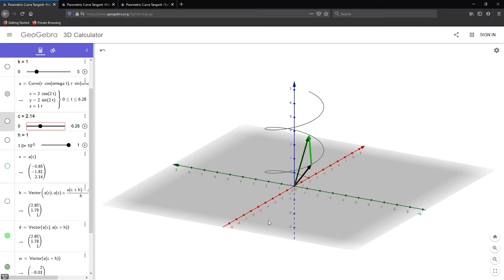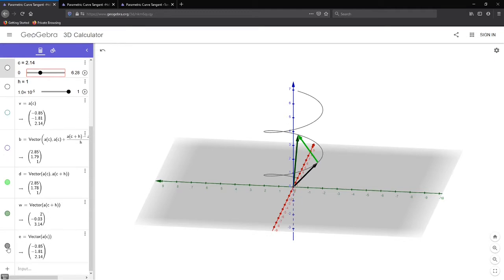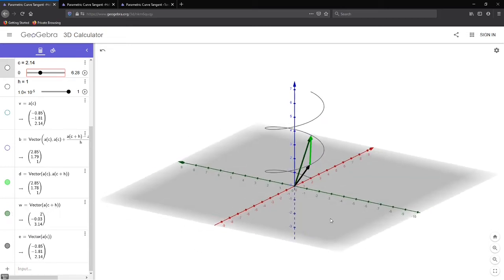I've also shown another point, the position vector on the helix at C plus H. In terms of our color coding, the black vector is A of C, and the dark green vector W is A of C plus H. And this vector D is the difference vector between these two points, so it's exactly the numerator in that difference quotient: A of C plus H minus A of C, or in terms of our notes, r of t plus h minus r of t.